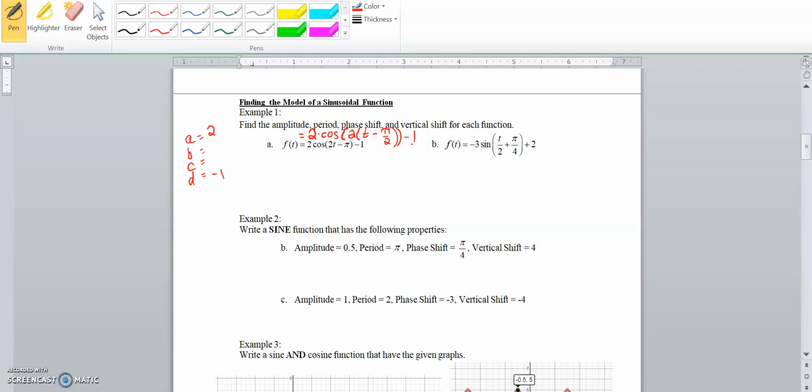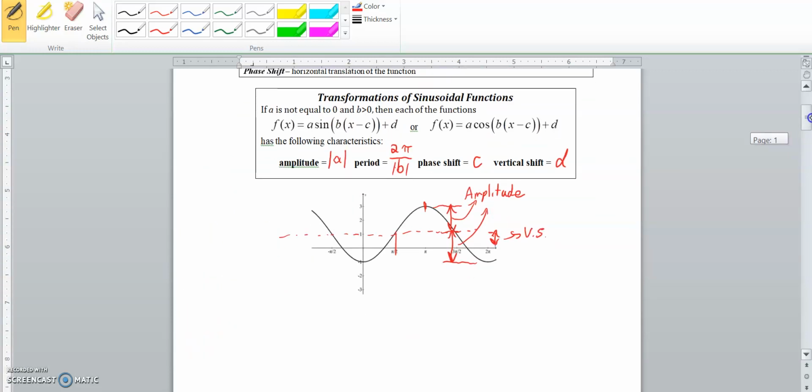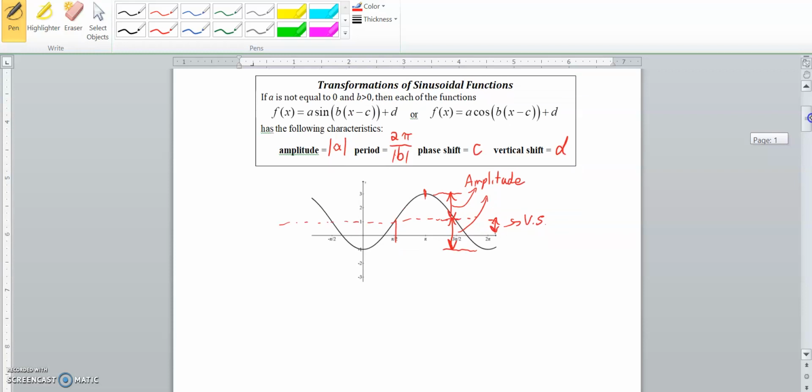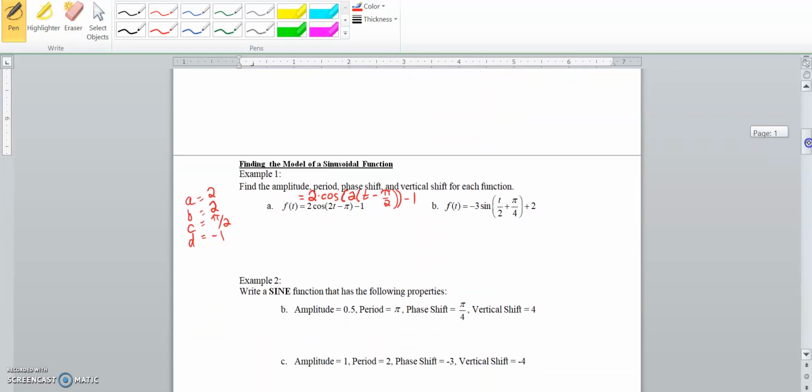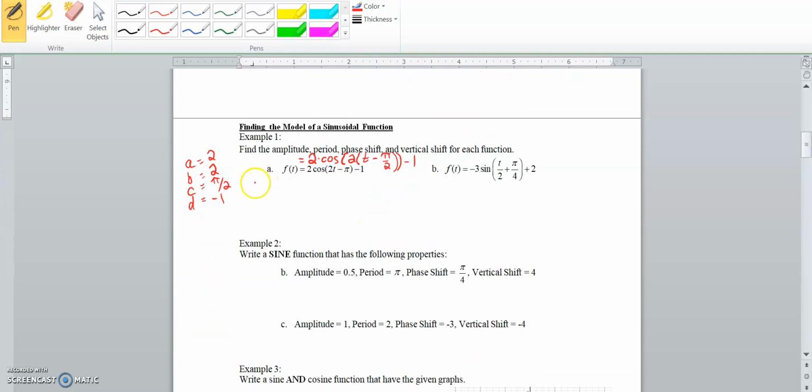Okay, so the first step is make sure you're in standard form or the parent form. Now I can identify b is still 2, c is pi over 2. If we go back to our identification and definitions, amplitude is A, phase shift and vertical shift are C and D, and then our period is 2 pi over B. That means we're just going to call them out here.